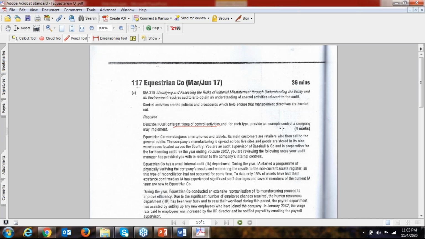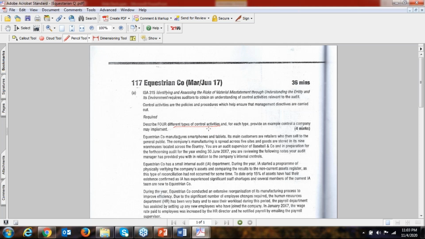Control activities are used for making the controls to achieve the objectives of the organization. I'm repeating this sentence, you can write it down on your paper as well. Control activities are used for making the controls to achieve control objectives. Control activities like segregation of duties, physical access, authorizations, these are all the control activities.